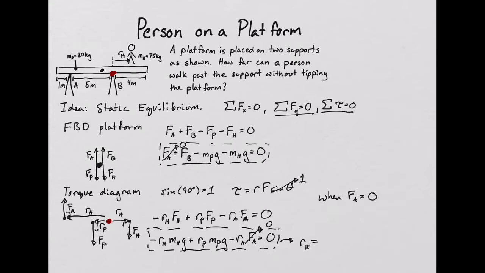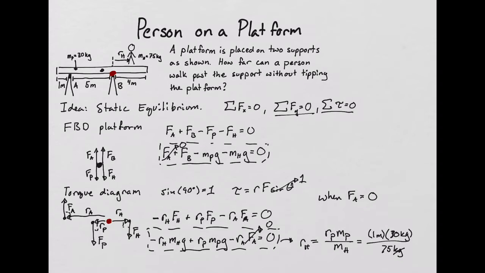Moving R_H to the other side and dividing both sides by m_h times g gives us R_P m_p divided by m_h. Plugging in numerical values, we get 1 meter times 30 kilograms divided by 75 kilograms. Quick look at the units.